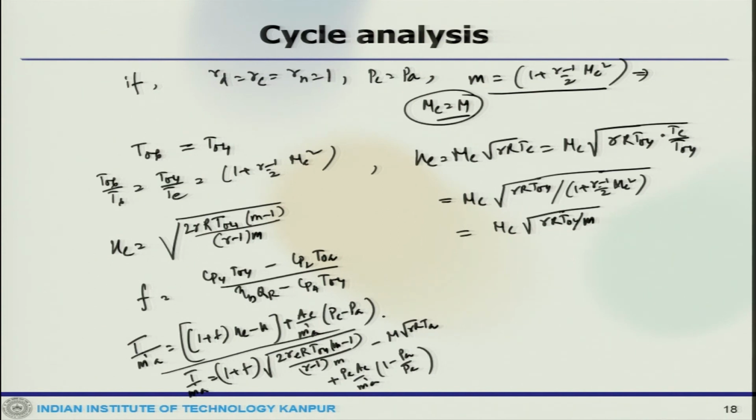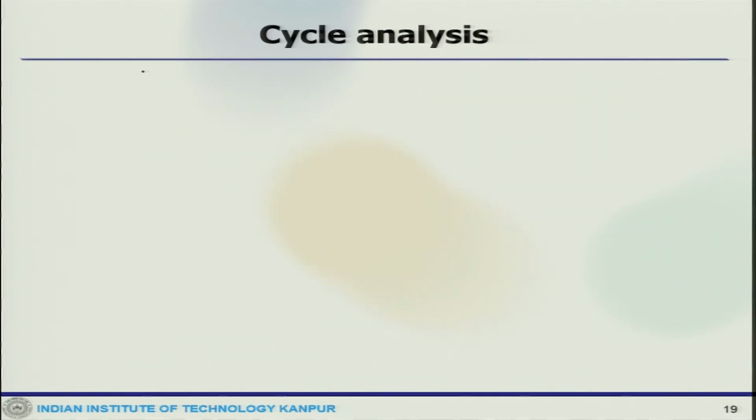So, this can be derived, and if you look at the picture, if I plot thrust per unit mass flow rate, F by m dot a, versus M, this is how it would look.